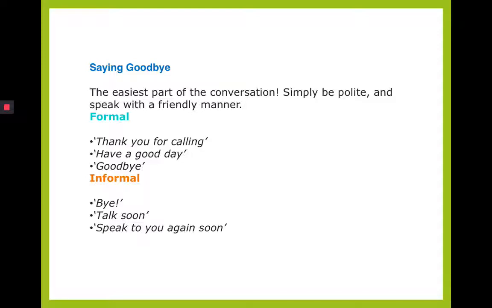Okay. Saying goodbye. So, the easiest part of the conversation: simply be polite and speak in a friendly manner. You have to end the conversation. Thank you for calling. Have a good day, or goodbye, or informally you will say bye, talk soon, or speak to you again.